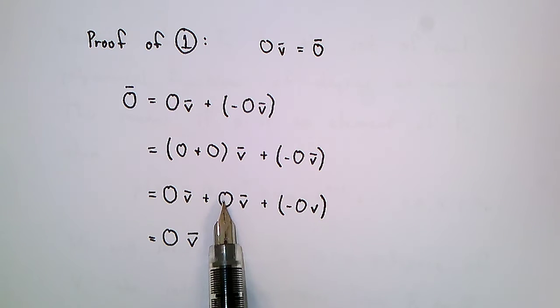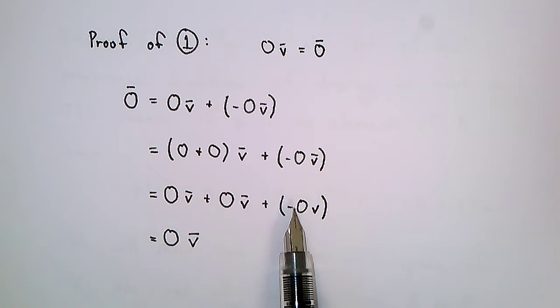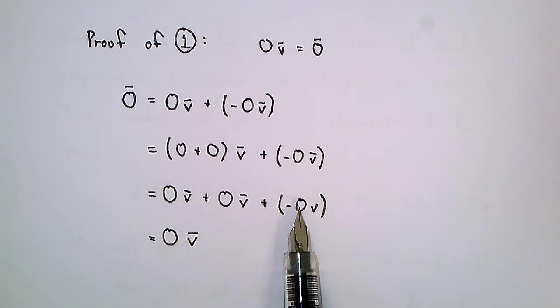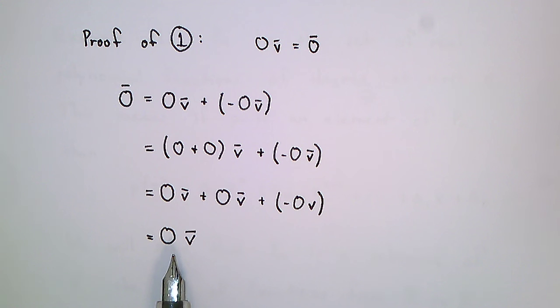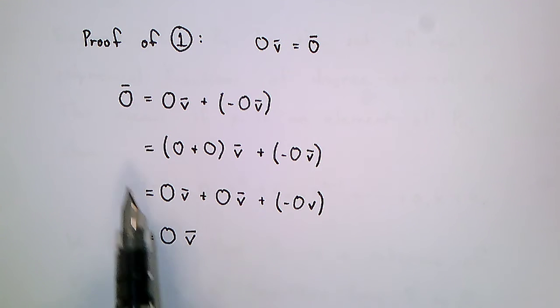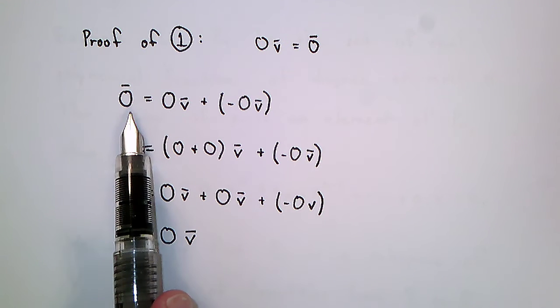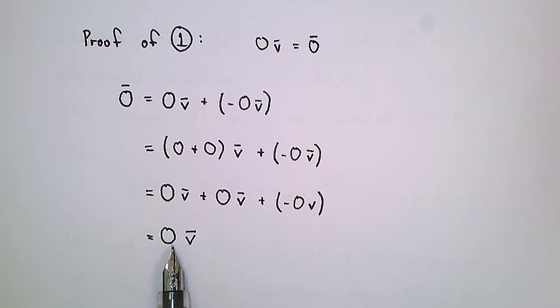But now on this one, I have an extra 0v that can cancel off with the negative of 0v. And when you cancel off these two, that leaves you with 0 times the vector v. And that's what we wanted to end up with. So going through the equality, we have the 0 vector is equal to 0 times v.